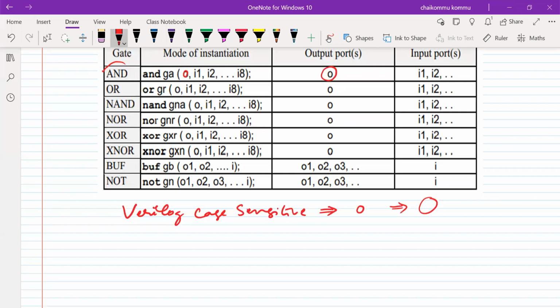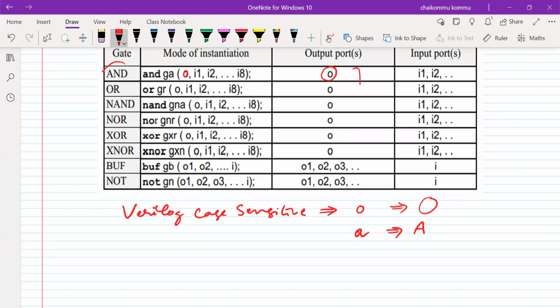For example, with a small a and a capital A, I can visualize them very easily. The point is clear.